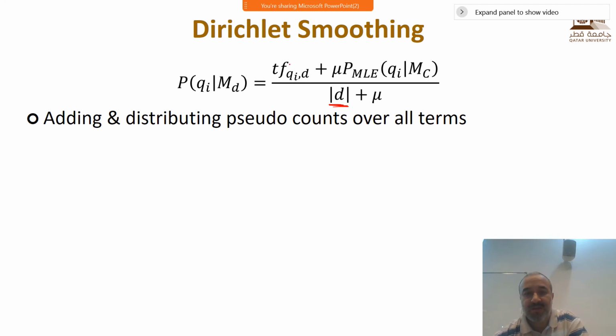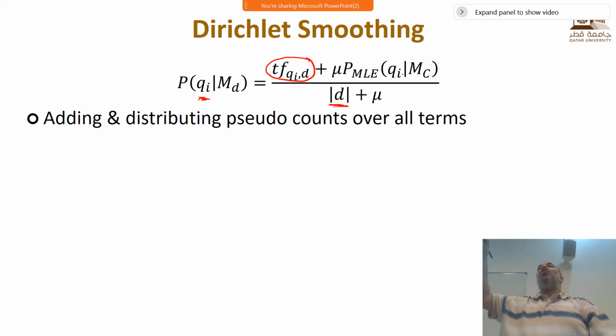So if we are talking about a specific term, it appeared TF times plus mu times the background probability. And let's say that it appeared 0.00001 in the collection. So we multiply 0.00001 by the mu, which is the pseudo counts, the 100, just to give it a portion of this 100.